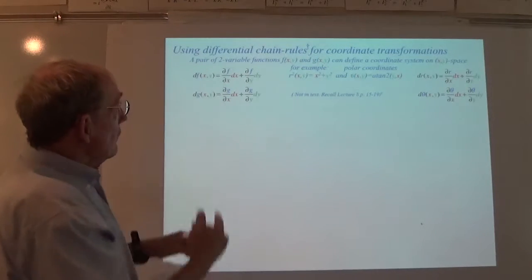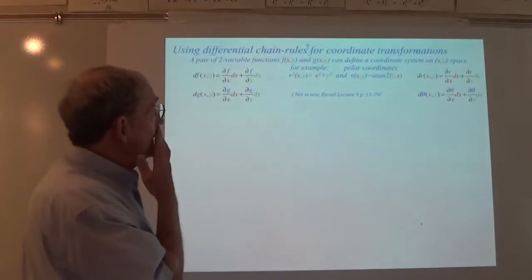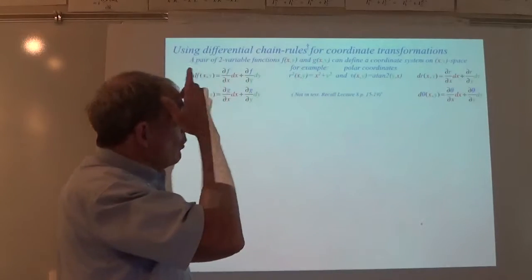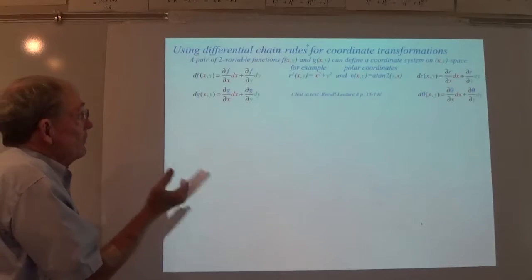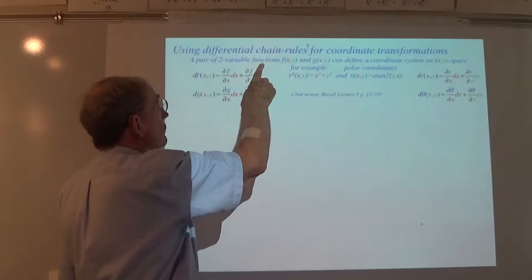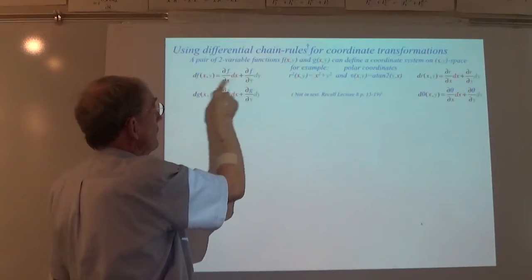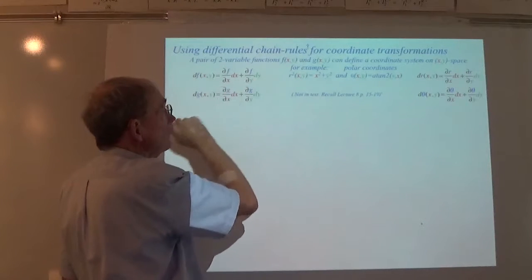Now, the chain rules that we talked about before, going back to lecture 8, we're now considering how coordinate transformations can be expressed in a general way, or at least the beginning of that. So we have two variable functions here, and we have a pair of them, f, whose chain rule is with respect to Cartesian coordinates x and y.